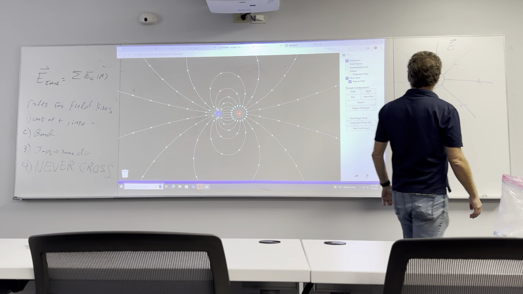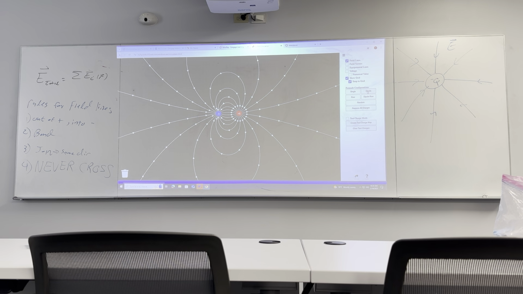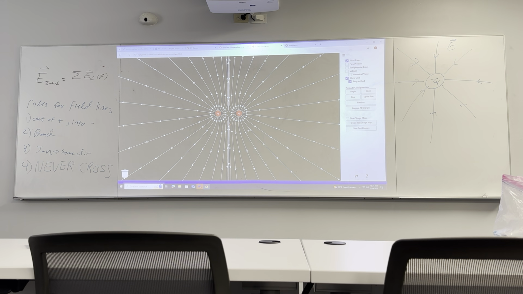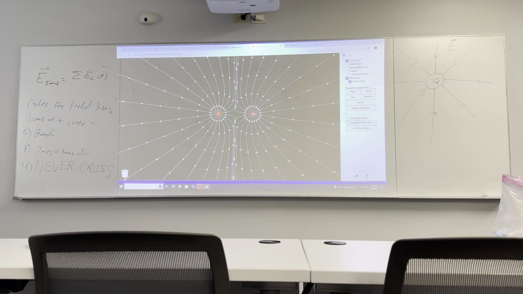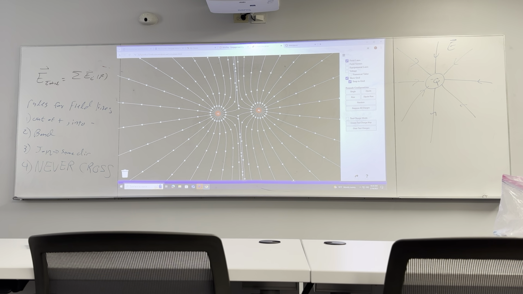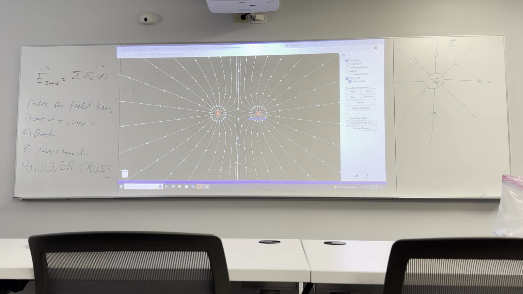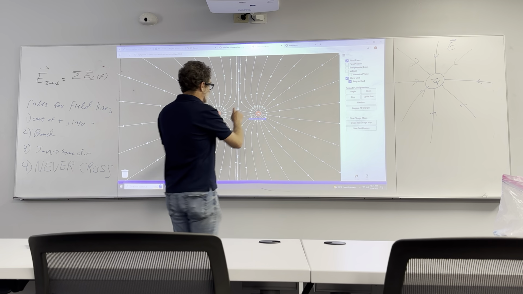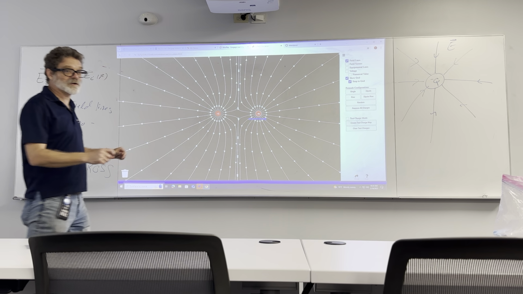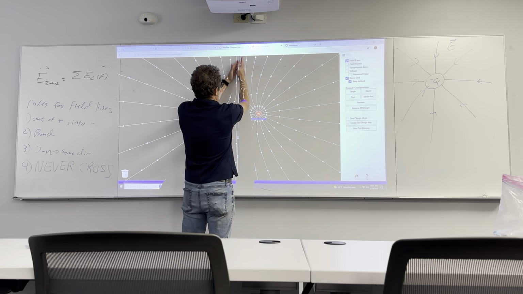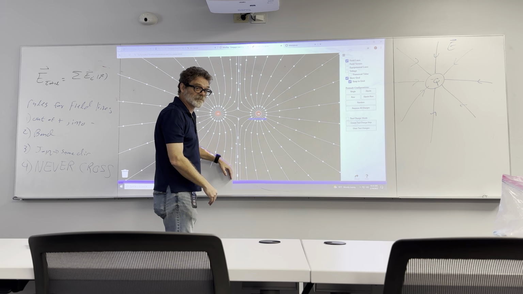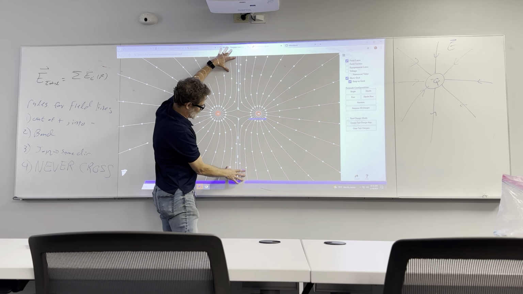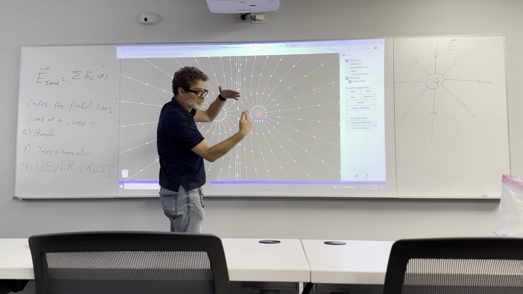What if I have two positive charges? Can I change these charges? Oh, I can. So let's make this two positive charges. Notice now what happens to the fields. Now instead of a positive and negative, I have two positive charges. What are the fields doing? They're repelling each other. They're pushing away. They can't join up because they're going the same direction.